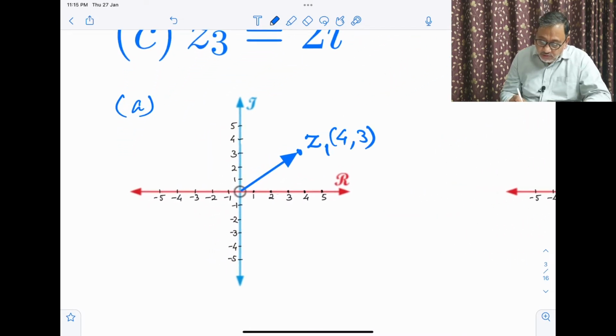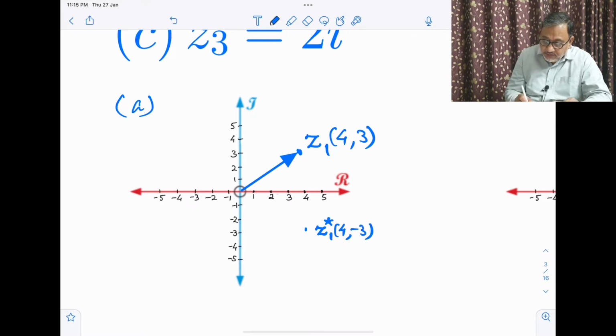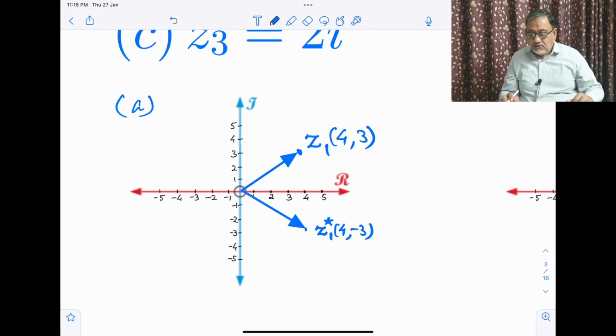So 4 is here, and comma minus 3. Here will be that complex number, Z1 conjugate, which is represented by 4 comma minus 3, and it will be shown by this arrow. I hope the first part is clear to you.